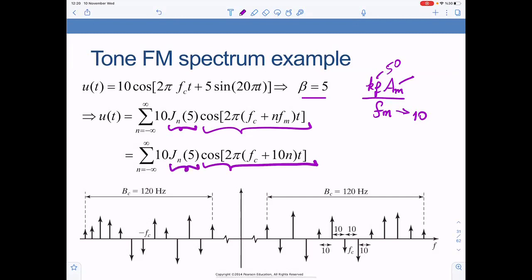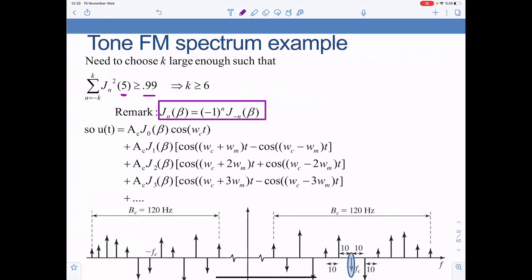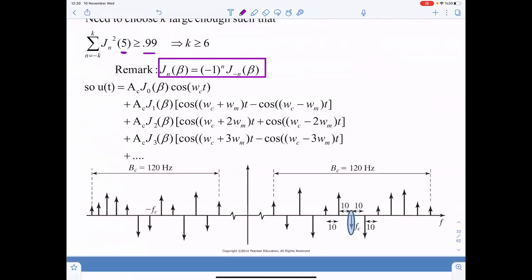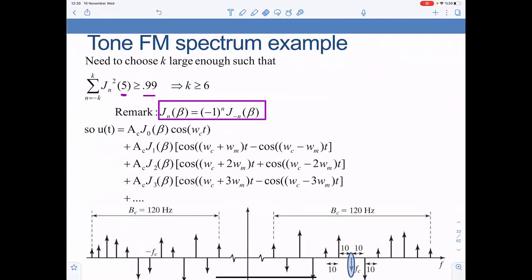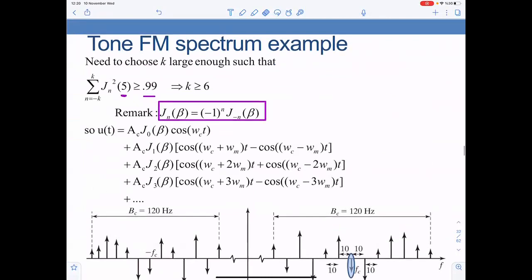When we collect enough terms so that the total value is 0.99 or more, we have satisfied 99% of the power, right? So for beta equals 5, that turns out to be k greater or equal to 6.